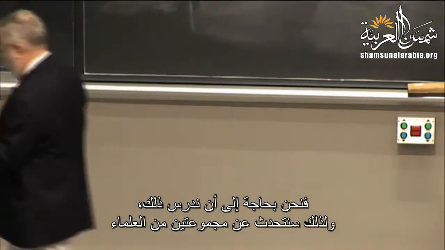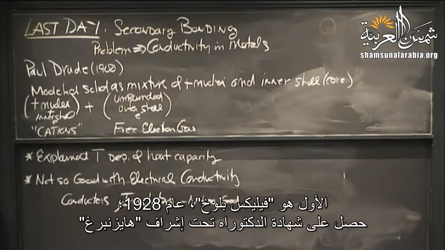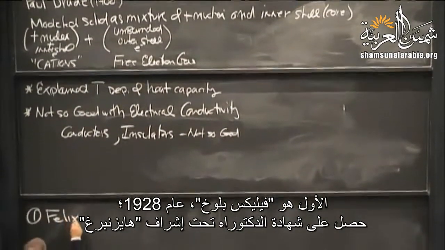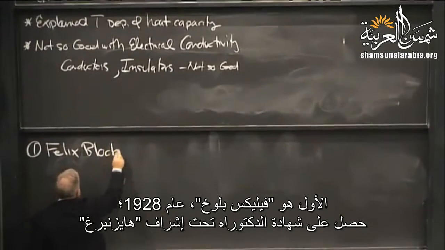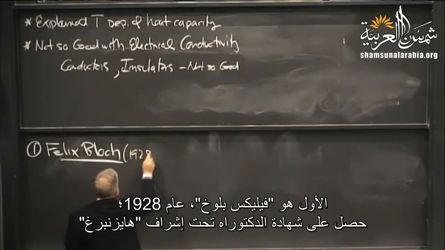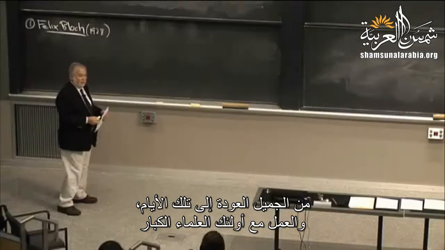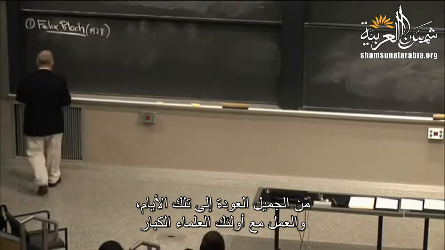And for that, we need to talk to 2 sets of folks. The first one is Felix Bloch. In 1928, he got his PhD under Heisenberg. Boy, it would have been nice to be back in those days, working for those great folks.